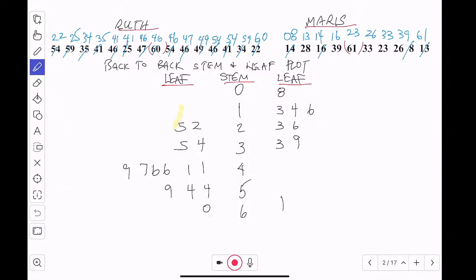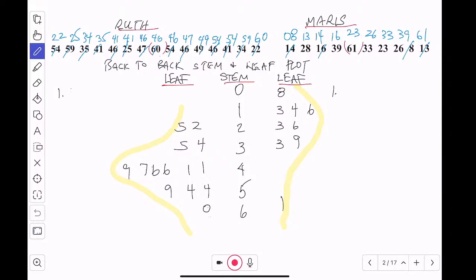The next step is to smooth this out. So I'm going to smooth out Ruth like that, and I'm going to smooth out Maris like that. Oops, went too far. I'm going to smooth Maris like that. So what do we see? How do we conclude on both sides?